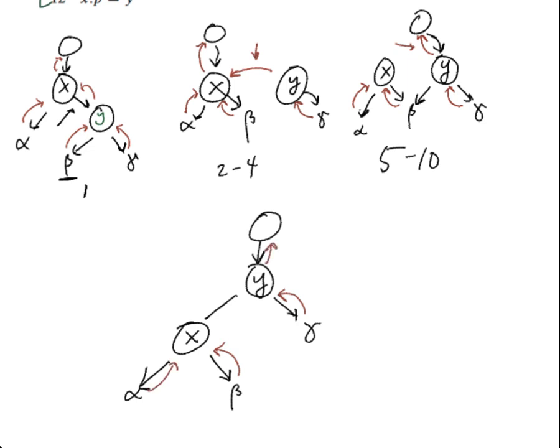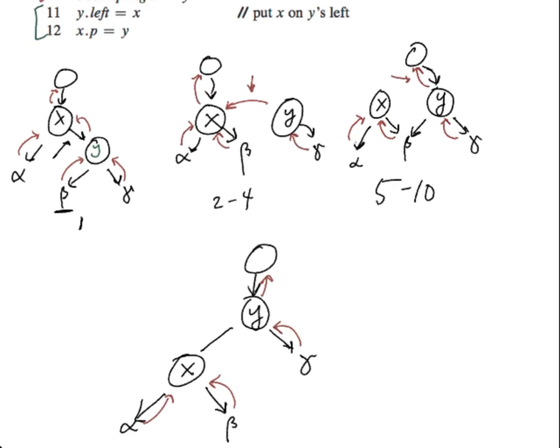All right, and this is going to be lines 11 through 12. So if we look at line 11 up there, y's left is now going to point to x. That's that one right there. And x's parent is now going to point to y, and we're done. We've accomplished the left rotation.